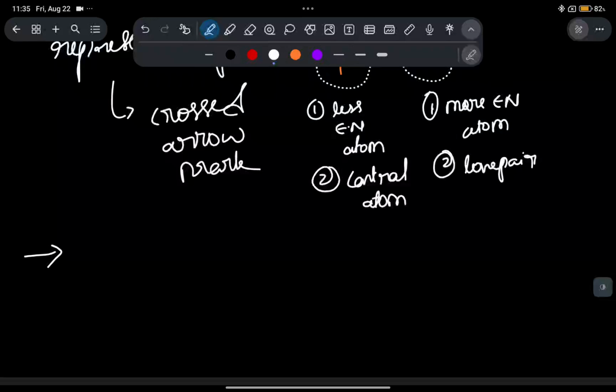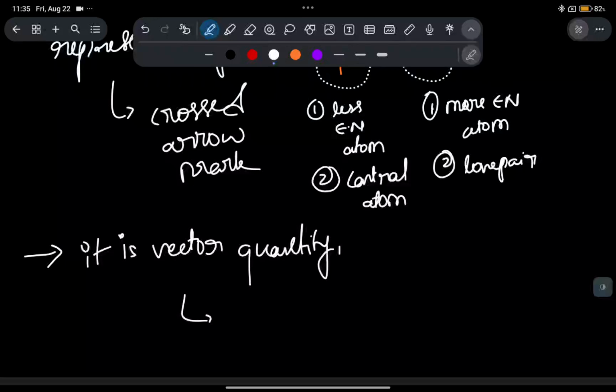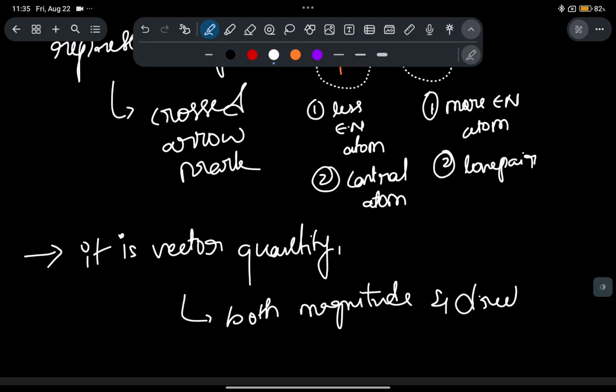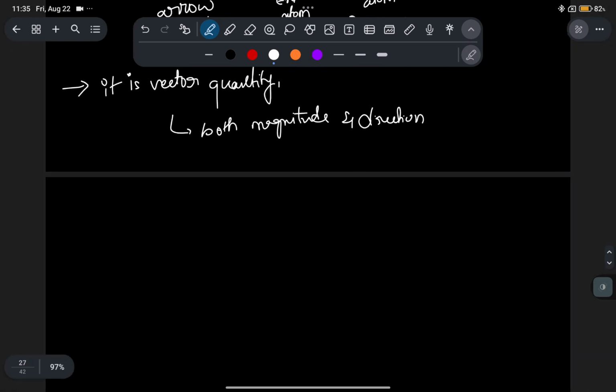So it is a vector quantity, having both magnitude and direction.